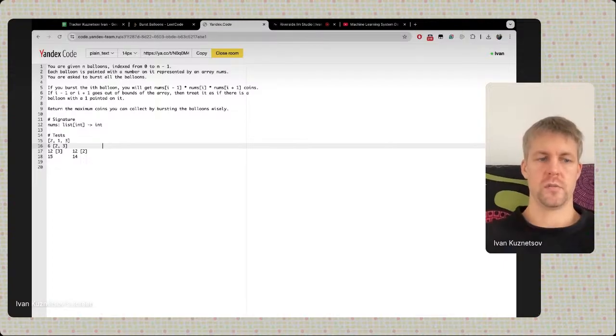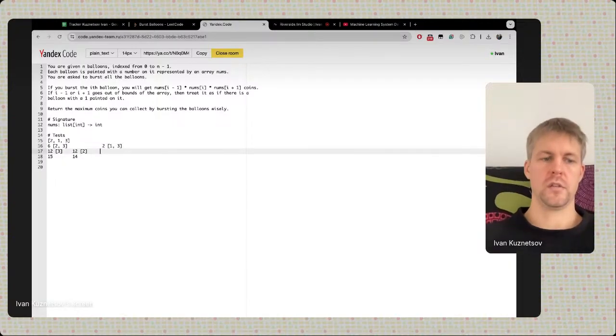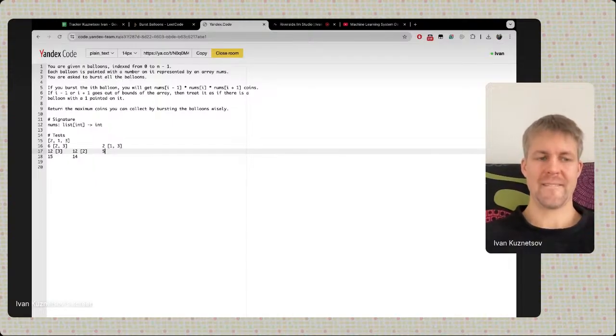So let's say we burst 2, and then it will be 2, and 1 and 3 are left. Here we can burst either 1, and then it will be 1 times 1 times 3, so 3, so 5, and only 3 is left.